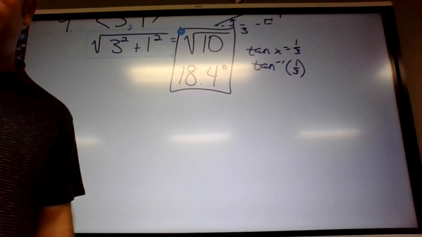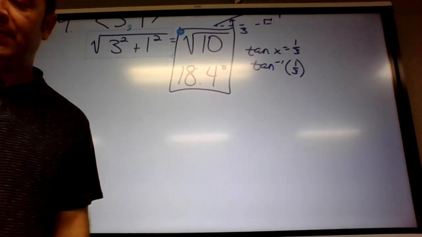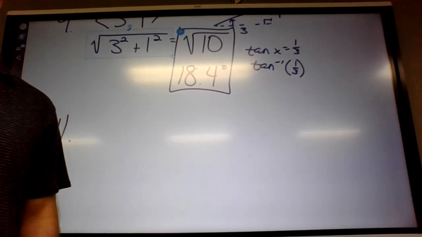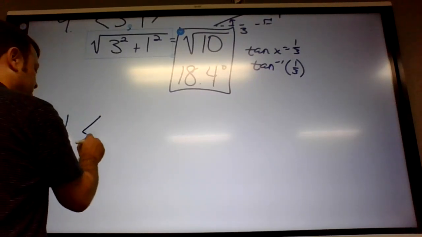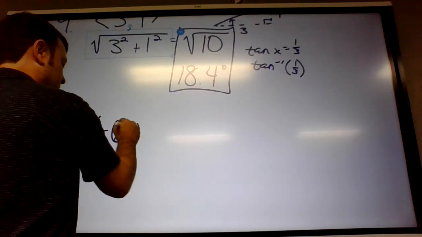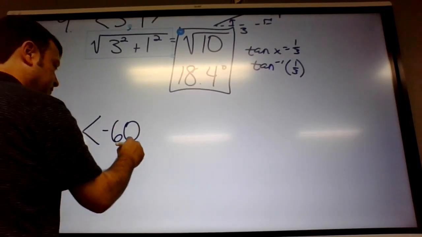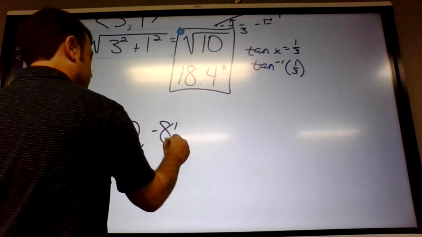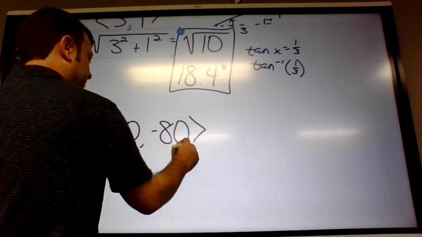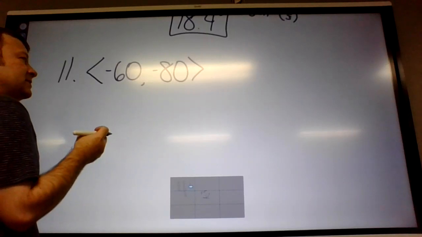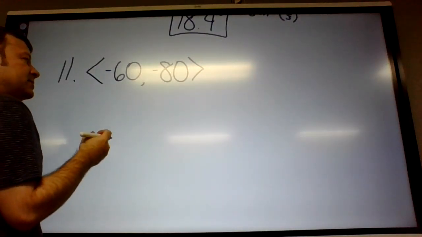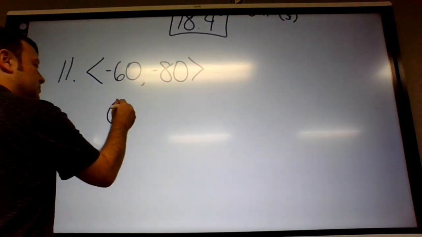Okay, number 11. So we have to multiply by -5. So that would be -60, -80. Kind of large. All right, how are we gonna find the magnitude? 60 squared.